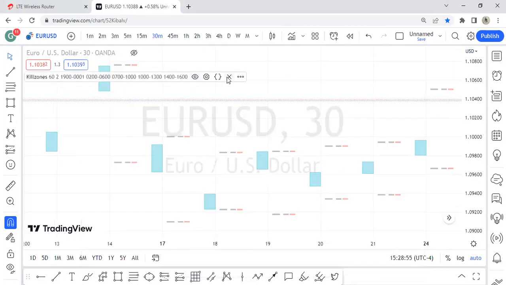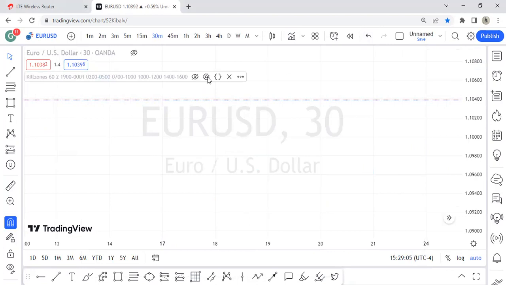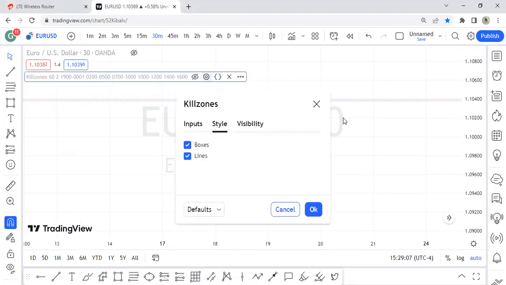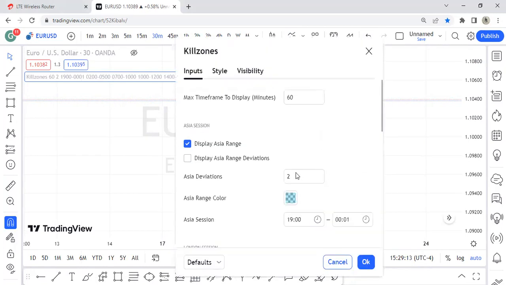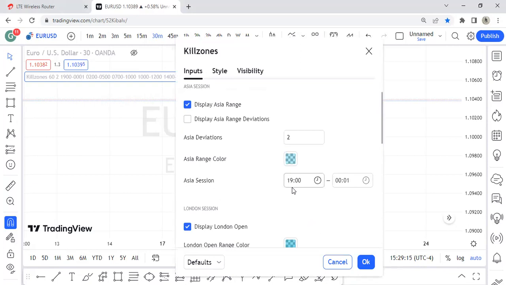When you have put it on your charts, you have to set it. Come to settings, and the next thing you want to do is make sure that the time is set. You come here to Asian range and put it between 8 o'clock and 12 a.m. You do that and you say done.